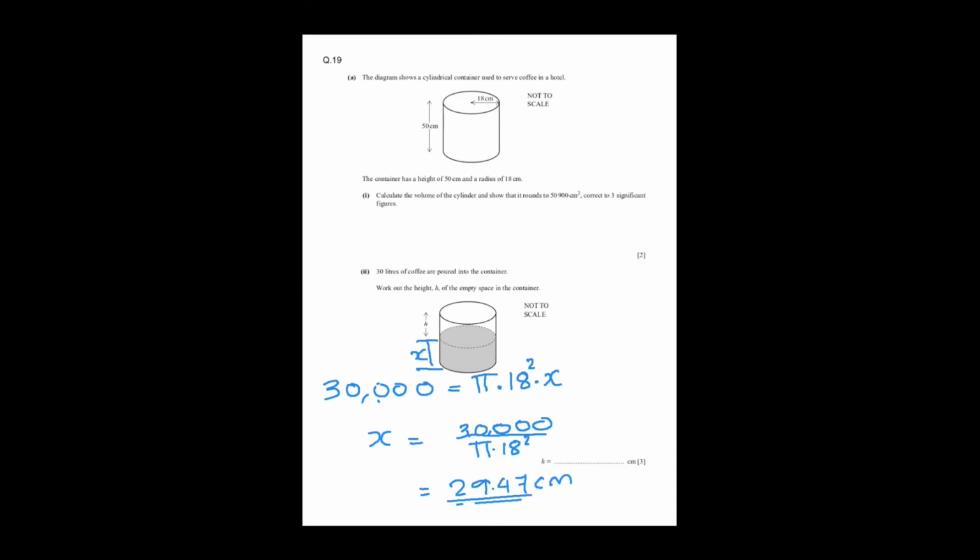So h value will be equal to, we know the total height is 50, right? So you subtract 50 minus x. So that will be equal to 50 minus 29.47.